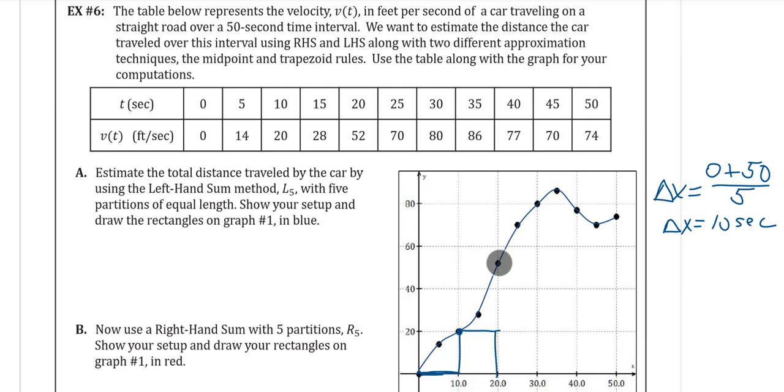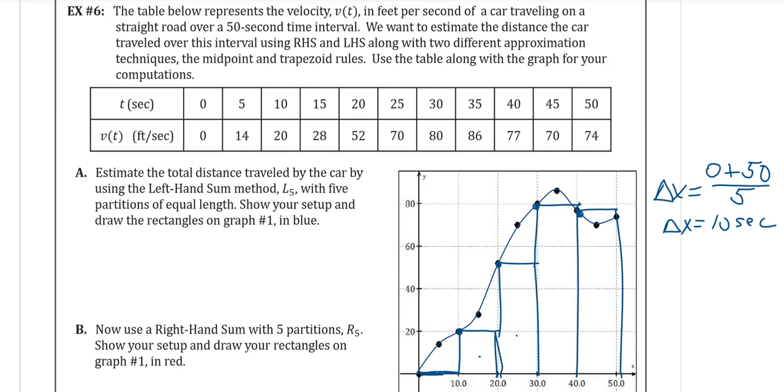The next one on the left is there and goes across 10 seconds. The next one is clear up there and goes across 10 seconds. And then the last one starts there and goes across 10 seconds. Okay, so you just want to double check. We have 1, 2, 3, 4, 5 rectangles.